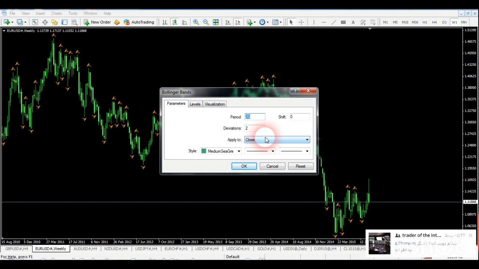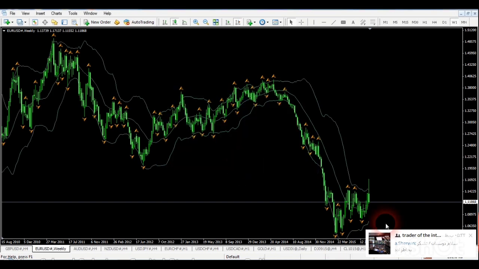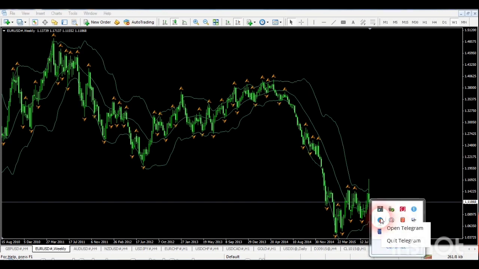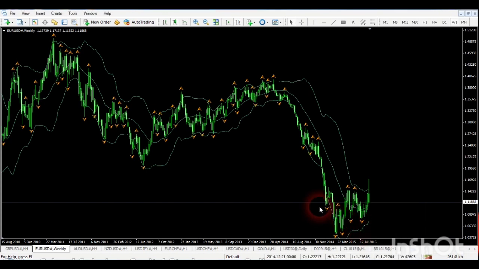I will tell you the default mode, and then we will have a session to tell you the techniques in the indicator.